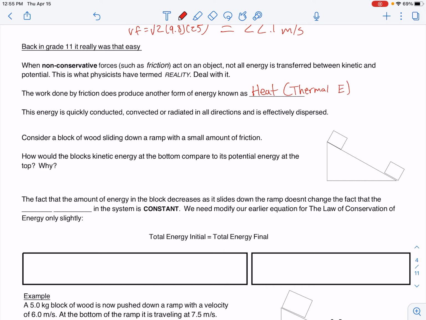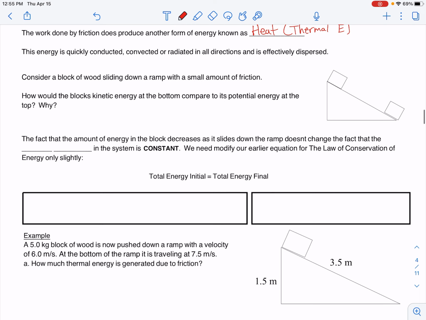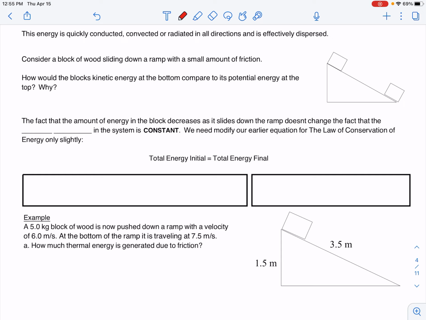Thermal energy. We know that thermal energy is conducted, convected, radiated, and then just kind of disperses into our air. So if we have a wood block sliding down a ramp, there's going to be friction. So we think about how the block's kinetic energy at the bottom would compare to its potential energy at the top. In the real world, would it be completely equal? And then why?